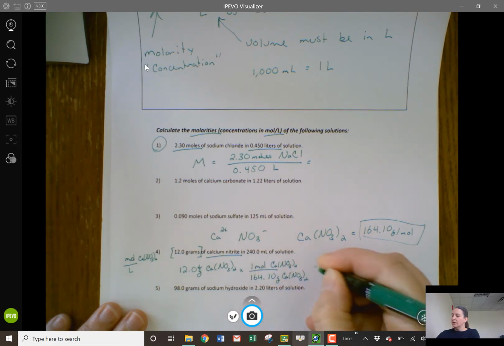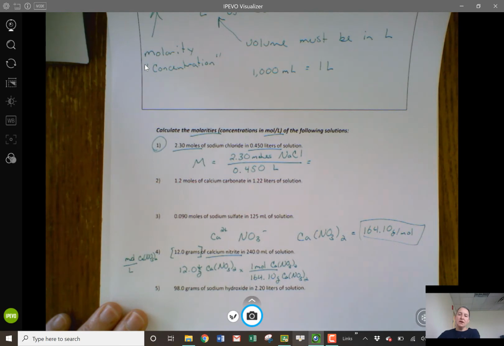Ca(NO3)2. All right. And even though we're not working these out together, make it a habit of writing all your units and paying attention to sig figs. So don't forget all that stuff we've been doing all year. That allows us to get rid of grams in this problem, and that gives us moles.